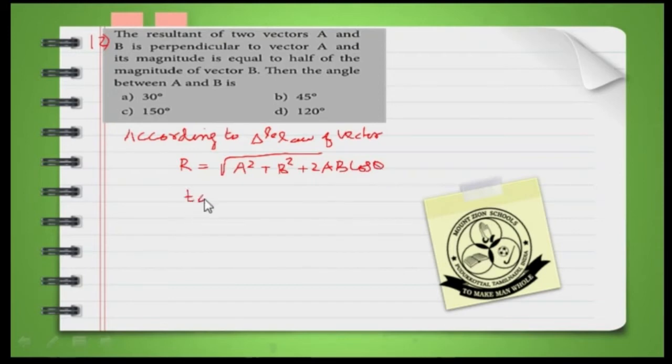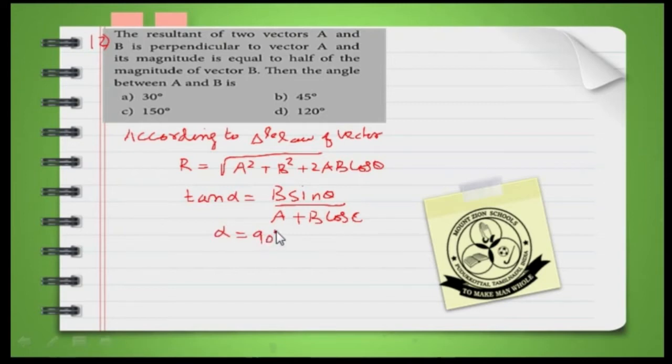And also we know tan alpha is B sin theta by A plus B cos theta. Here it is given alpha is 90 degree.